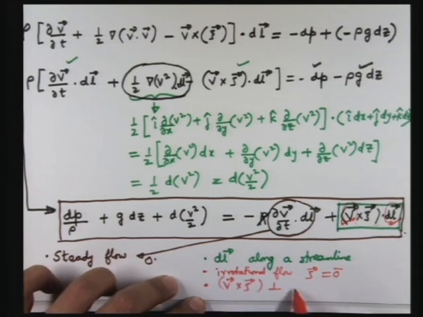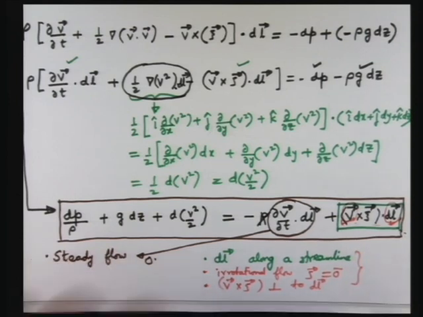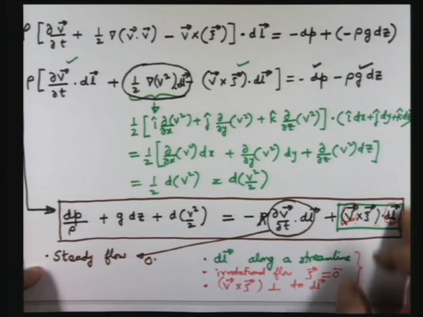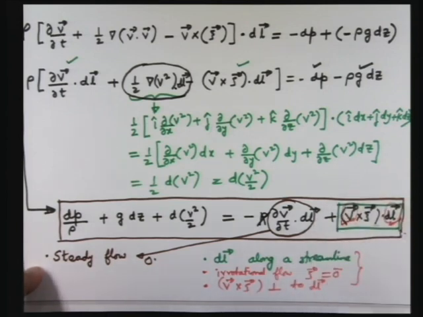You do not have to satisfy all three simultaneously; if either of these three is satisfied, then this green box term will become 0.